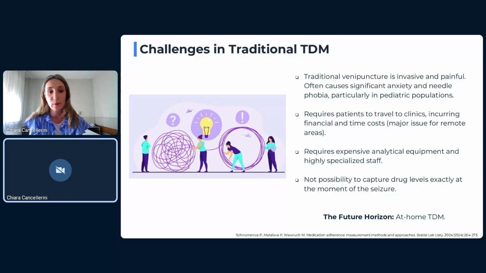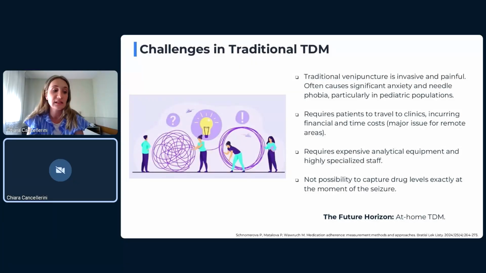This is a major problem when treating pediatric patients, but also uncooperative patients, such as those with encephalopathies, or with the rare diseases I showed you before. Moreover, patients must travel to the specialized hospital, and this incurs time and financial costs for themselves, but also for caregivers, which can create a huge disparity for those living in remote areas.